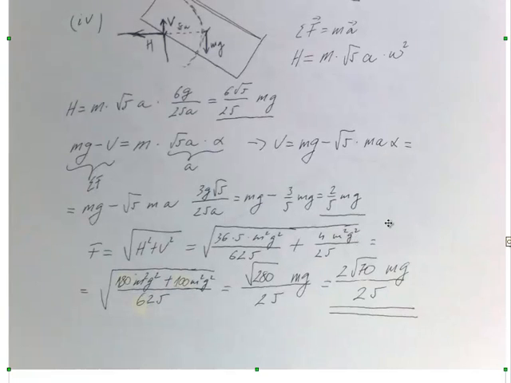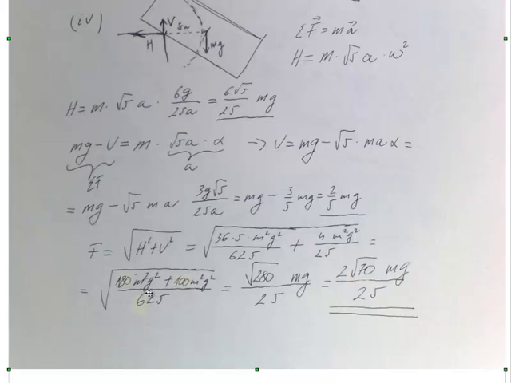And so this is this vertical force, this is the horizontal force, and their net force is from Pythagoras, so H squared is here, 6 squared is 36, and so on, plus this value squared.